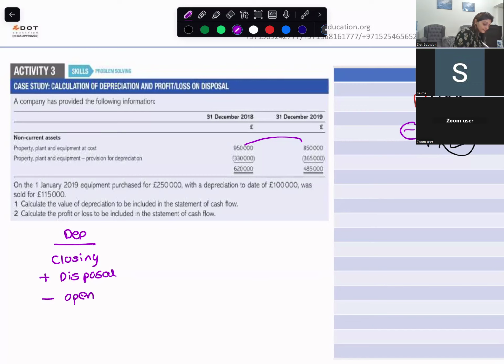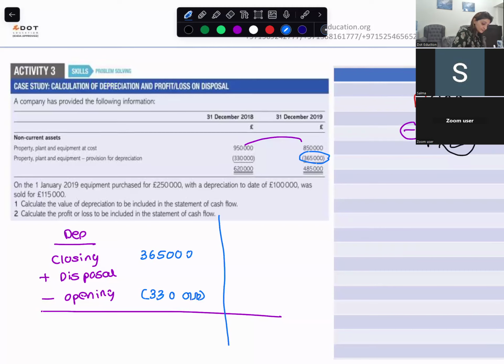That gave me 135. What is the closing depreciation? The closing was 365. Opening depreciation was 330,000. Depreciation on disposal is mentioned over here as depreciation to date of £100,000, so I've just added that in.